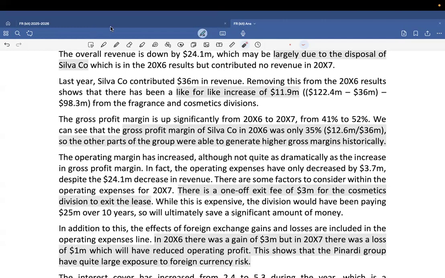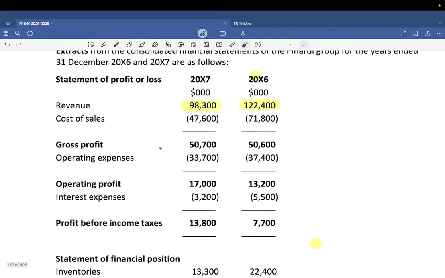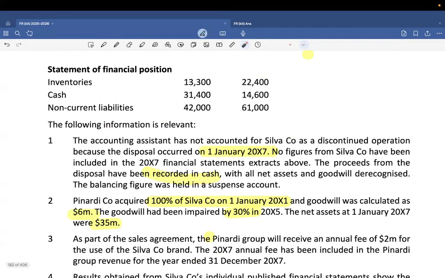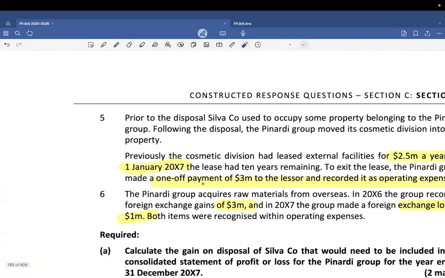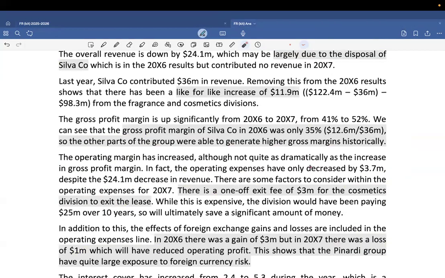Due to the fact that, if you look into it, compare the operating expenses. It was 37,400 before, it is 33,700 now, right? So this is just a slight decrease of 3.7 million.